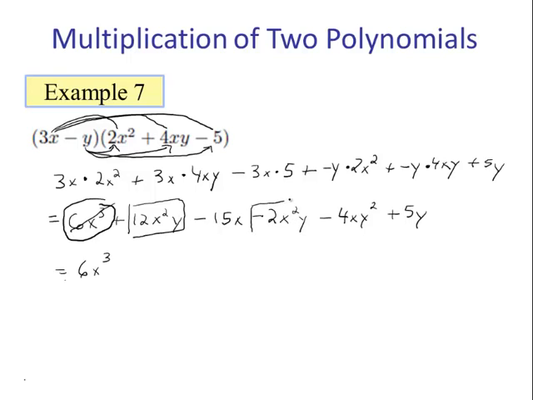So these two are like terms. So 12x squared y plus negative 2x squared y is 10x squared y. So next we have an x, we have a y, then we have an xy squared. So we'll just bring those down.